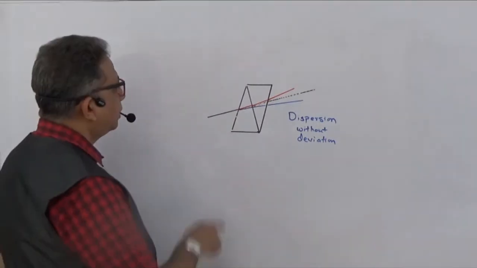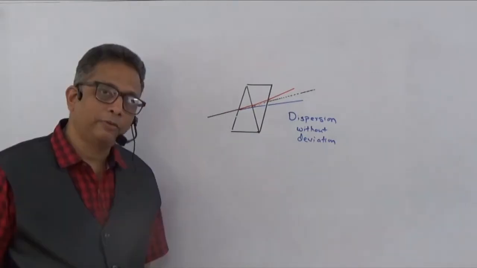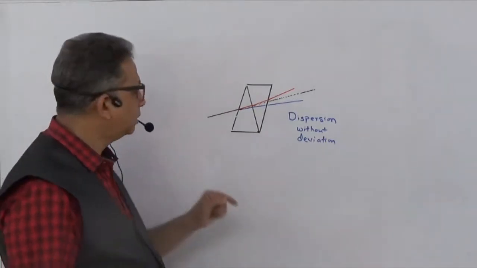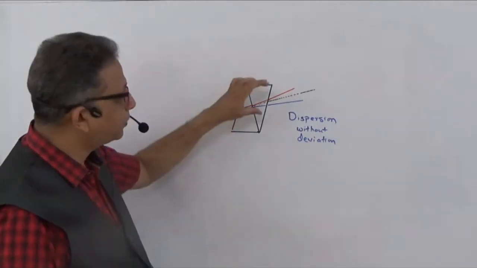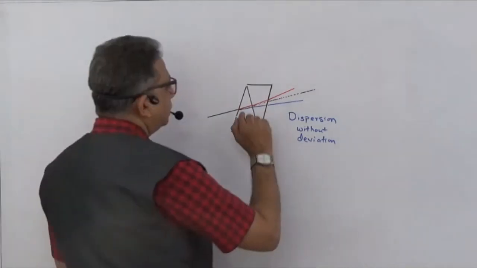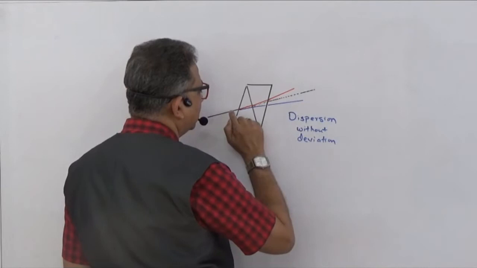The white ray is incident in this direction. A white ray consists of all the colors, in which yellow is also a mean color. When it goes through the two dispersing prisms, you can see the direction of yellow has not changed. It is in the same direction as it was incident.